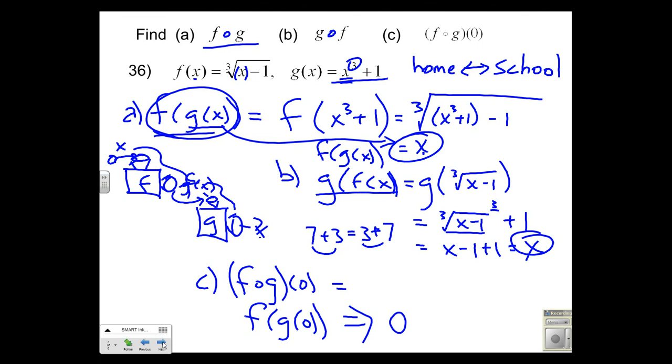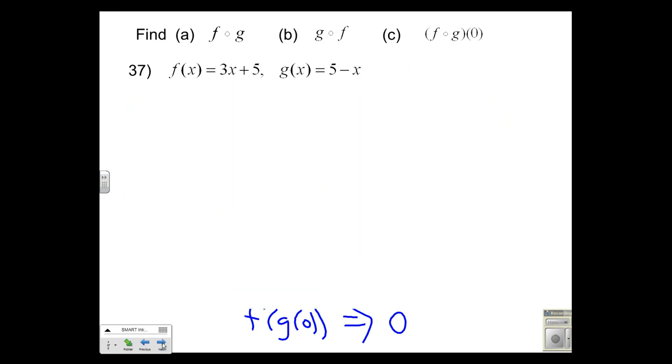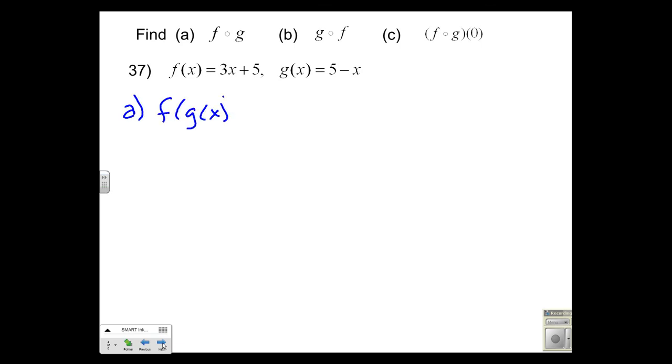Let's take a look. So we're going to kind of investigate. Here's your vocabulary word. We're going to get it right today. Commutative, from the root word commute. Okay, same problem. So I don't have to draw the picture again. We know that A, we are looking for f of g of x. That notation speaks to me more than Fogg and Goff.